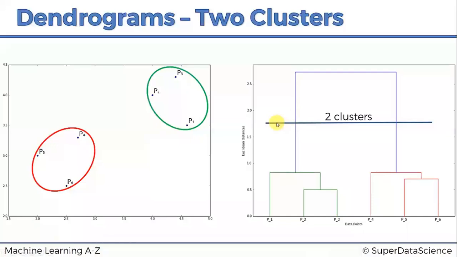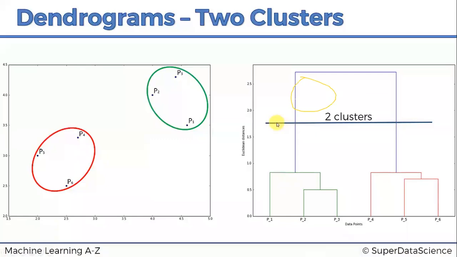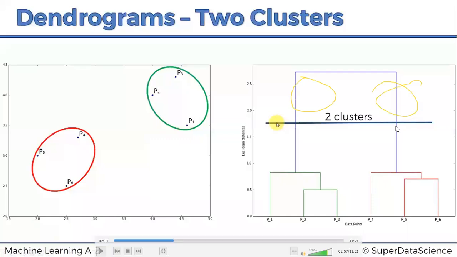Whenever this horizontal line meets this vertical line, that point is called the threshold point. That is nothing but one cluster. After this, we have one more cluster, where it meets one more time here. So it moves first time here and second time here. These two are different clusters.